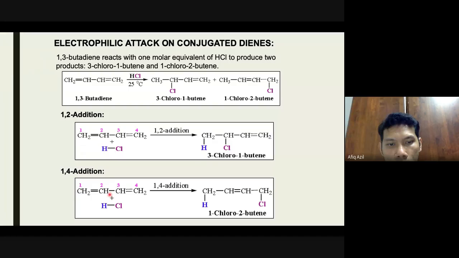And we also have this 1,4 addition, in which the hydrogen is added to carbon number 1 and chlorine is added to carbon number 4, the last one. And the double bond is shifted from the third and fourth carbon to the second and third.